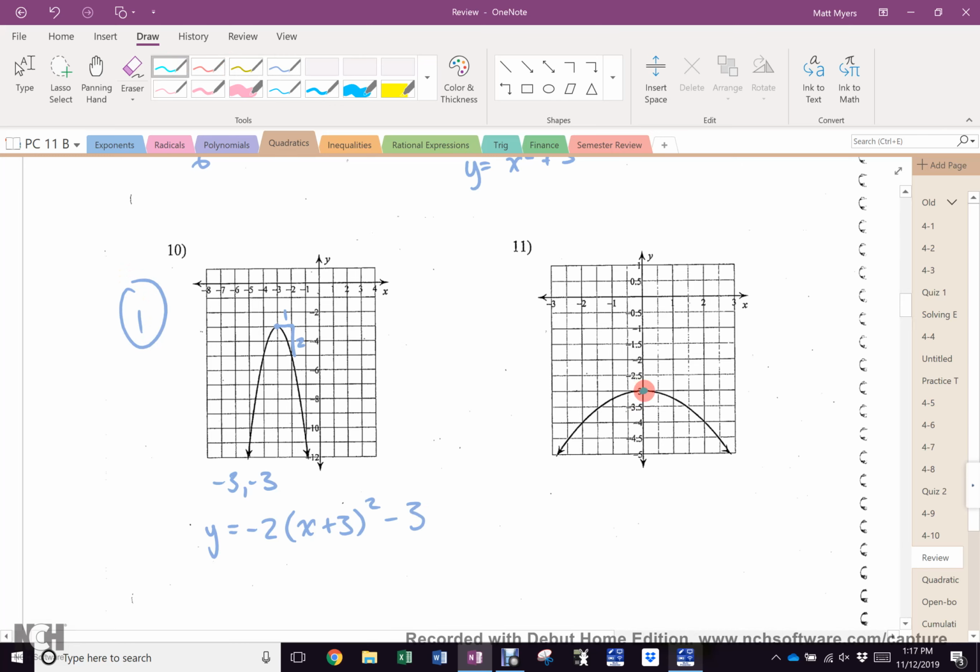And this guy, my vertex was 0, negative 3, and I went over 1, 2, and down 2. Pretend it should be positive 3 at the end, right? No, because it's a negative y.